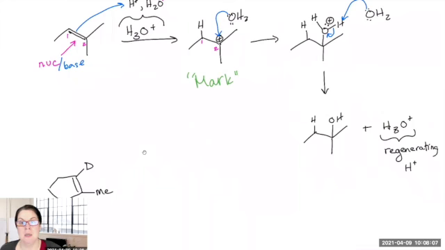Can you guys look at the product and see why I kind of skipped over it? Why I didn't ask about it? Because there are 2 methyl groups attached here, right? So this carbon that the OH group is attached to does not have 4 different groups attached. So we did not make an asymmetric carbon. Okay. And this carbon over here, where the hydrogen was attached, has 2 hydrogens now. So it also is not asymmetric.